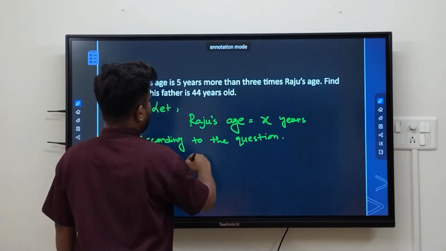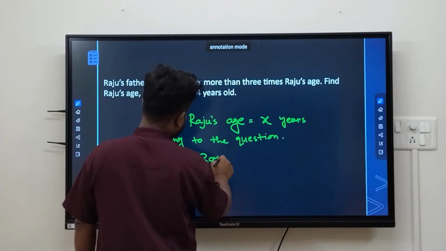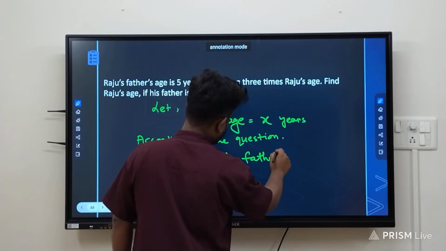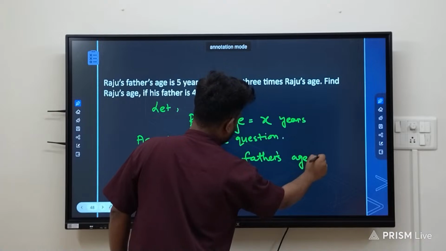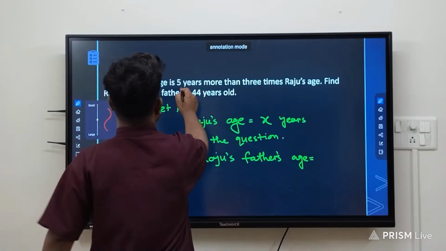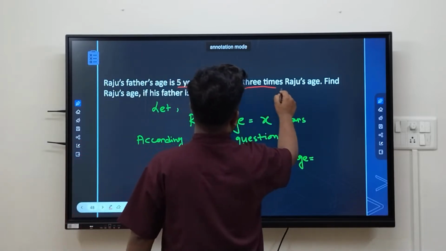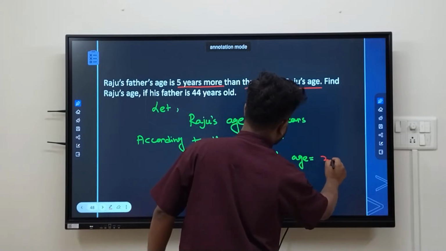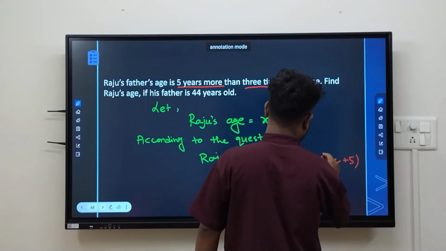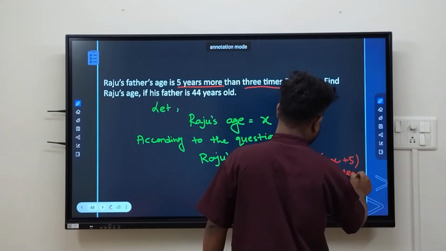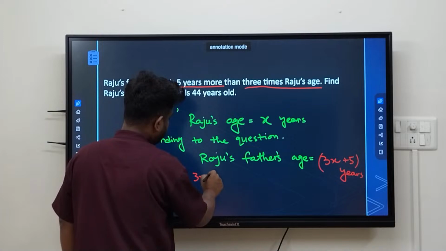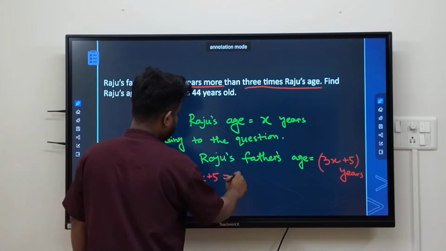If Raju's father's age will be what? 5 years more than 3 times Raju's age. So 3 times Raju's age will be 3x, and 5 years more will look like this. It will be 3x plus 5 years, and which will give the equation like this: 3x plus 5 equals 44.